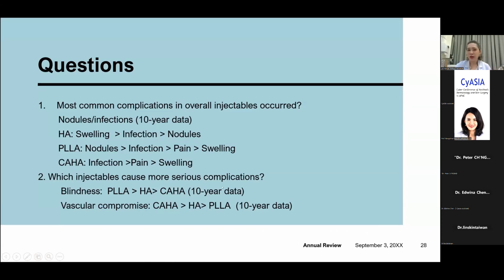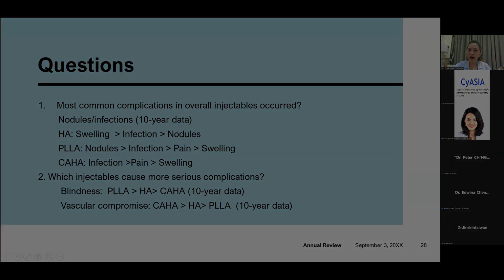To answer the question, the most common complication in overall injectables, from a 10-year retrospective data analysis: for HA, the most common is swelling. For PLLA, usually granuloma and nodule, followed by infection. But for CaHA, infection followed by pain. And for the serious complications, blindness is caused more by PLLA, followed by HA and CaHA.